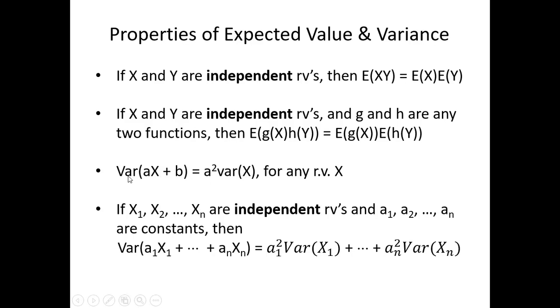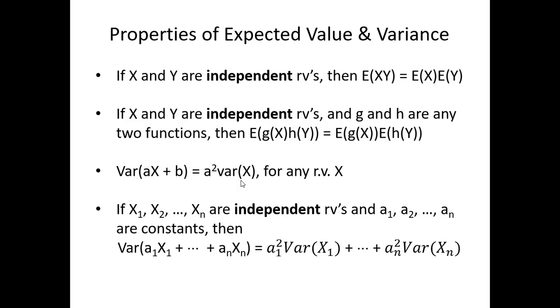Then if we want the variance of ax plus b, we get a squared times the variance of x. And notice that the b term disappears. This can be proved. I believe there's a proof of this in the lecture notes, certainly in the book.